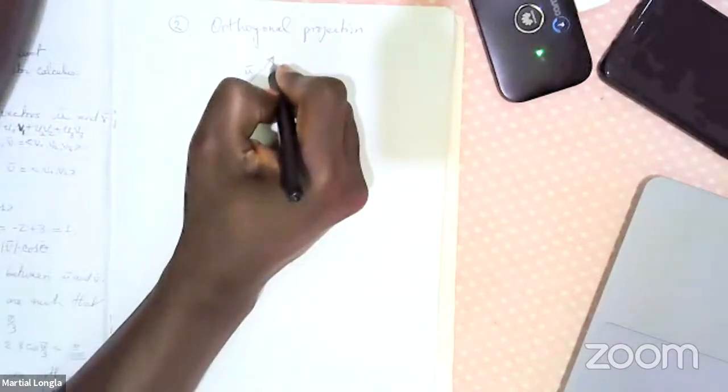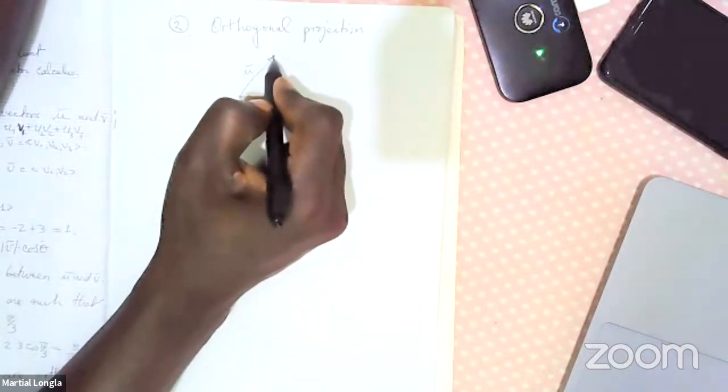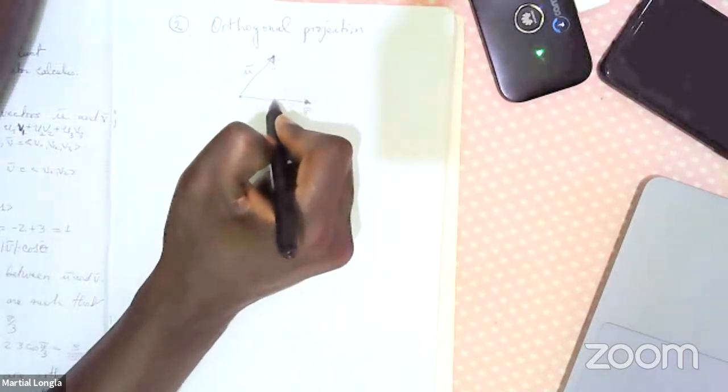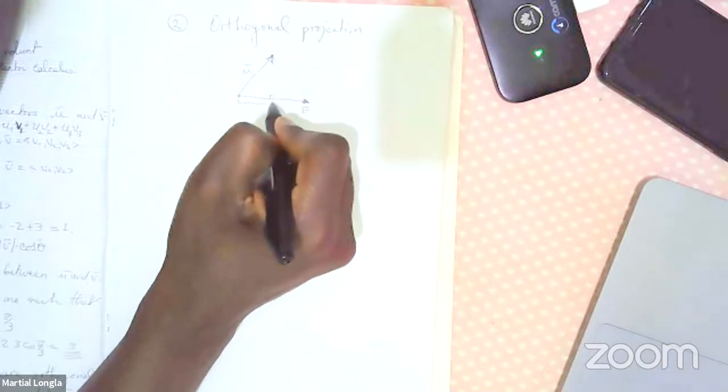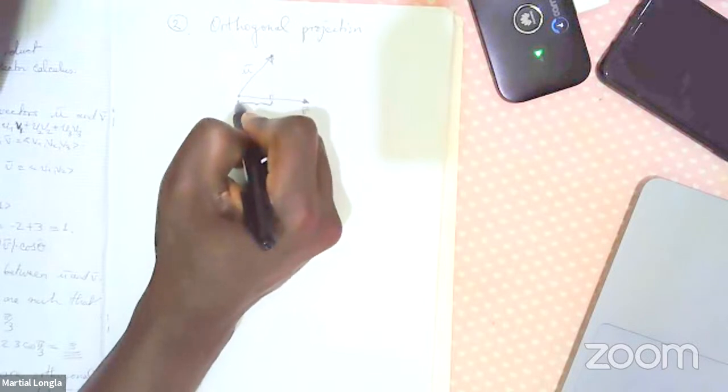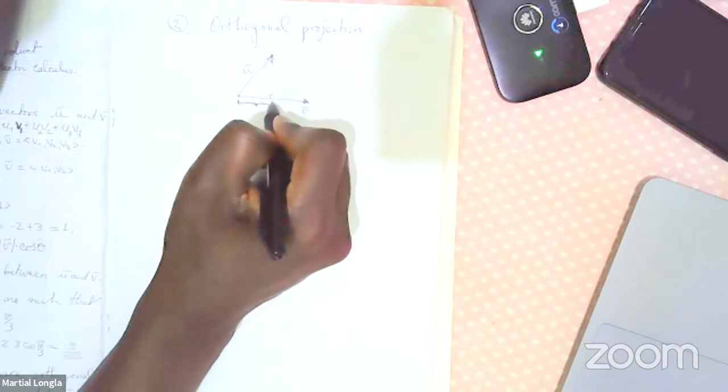We want to find the vector projection of u onto v, which means go to the endpoint of the u arrow, draw orthogonally to the vector v, make an angle pi over 2 there, and then what we call the vector projection of u onto v is this. You want to figure out what this vector is.